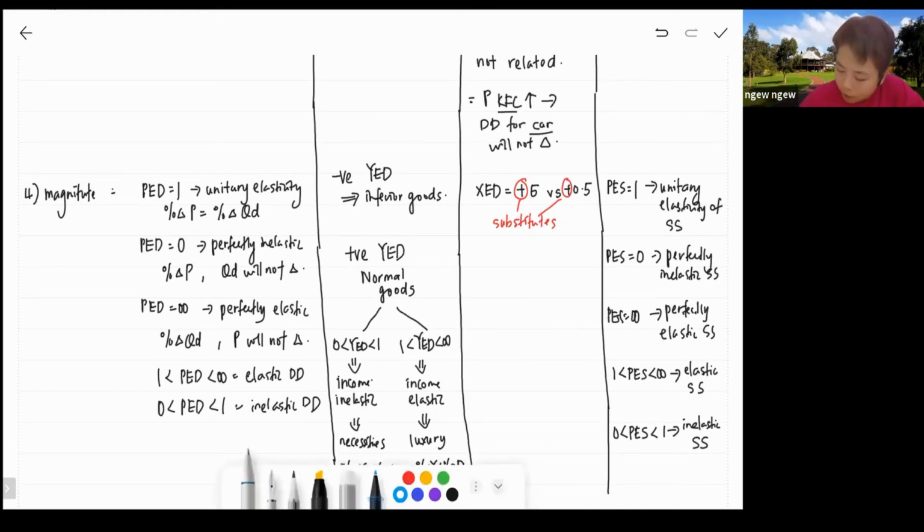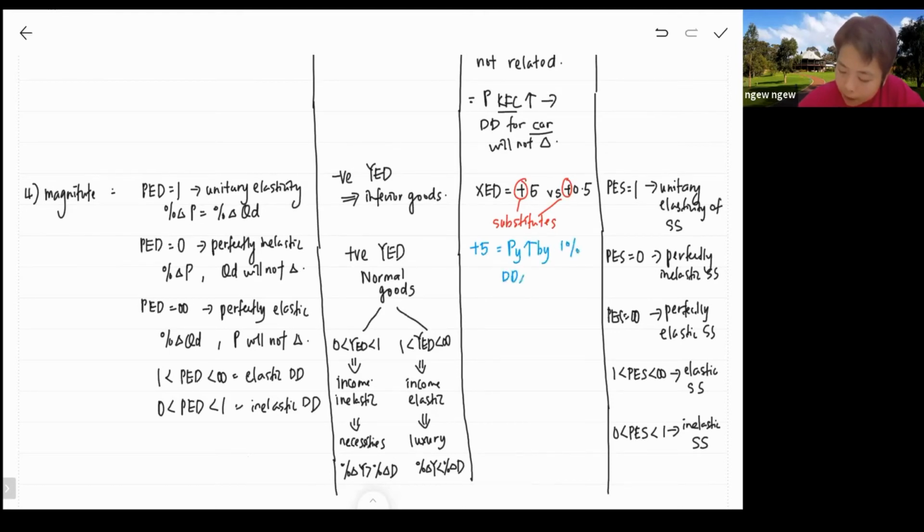However, when XED is positive 5, meaning to say when price of Y rises by 1%, demand for X will rise by 5%. A lot. When price of good A rises by just a little bit, demand for good B will rise by more than proportionate.